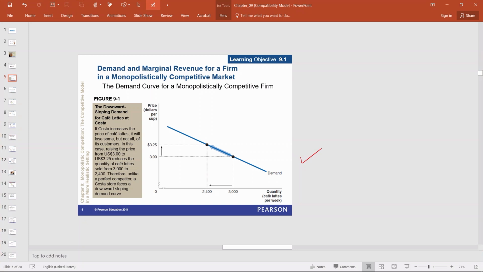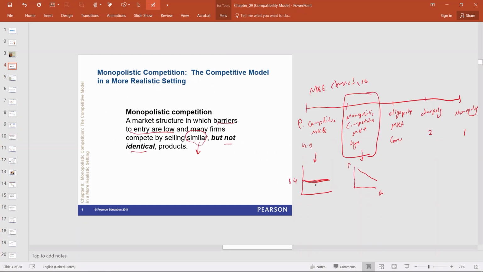One note as well. In perfectly competitive market, the demand curve equals price equals marginal revenue. This is in this market, which is perfectly competitive market. But the situation is going to be different here in monopolistic competitive market, and this is what we are going to explain later.